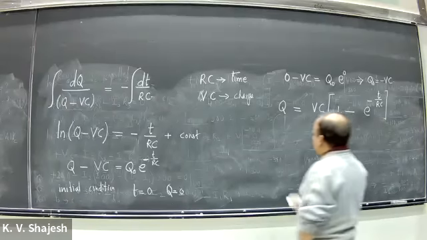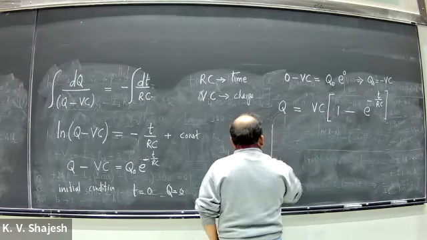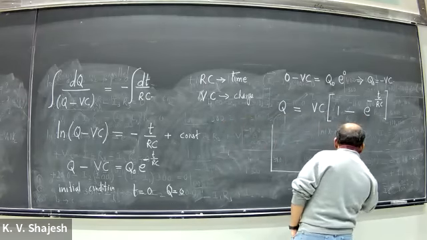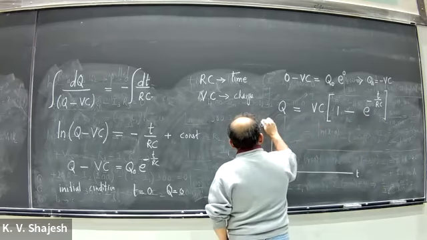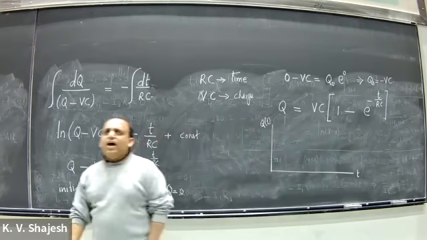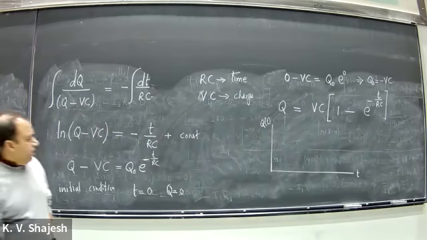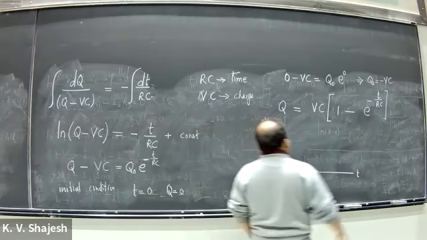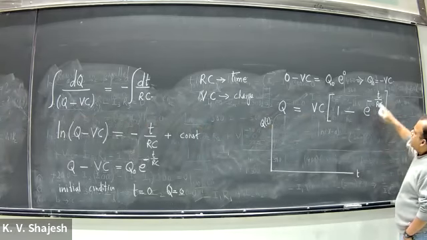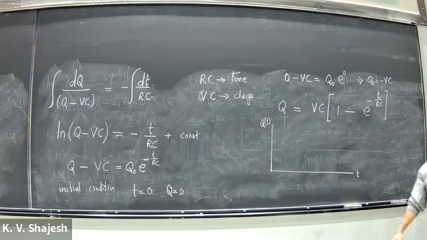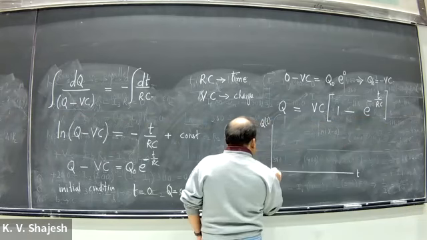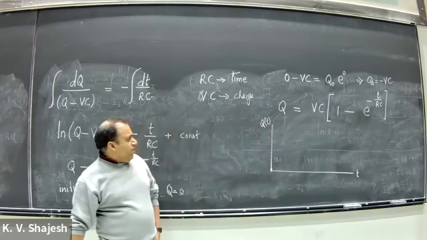And how does this look? It is good to plot this instead of interpreting this. We have time here, and we're talking about how much charge is accumulated on the capacitor as time goes on. At time t equal to 0, exponential of 0 is 1, 1 minus 1 is 0, so I start from 0.